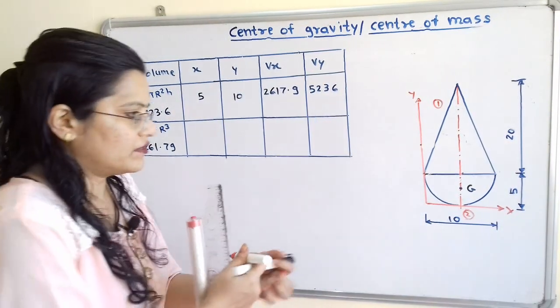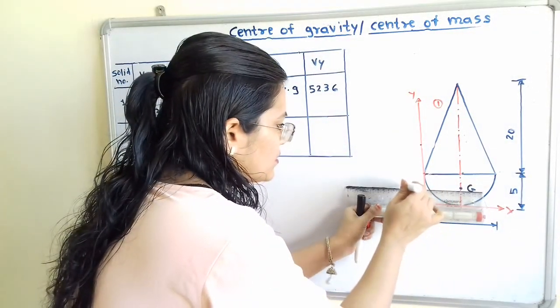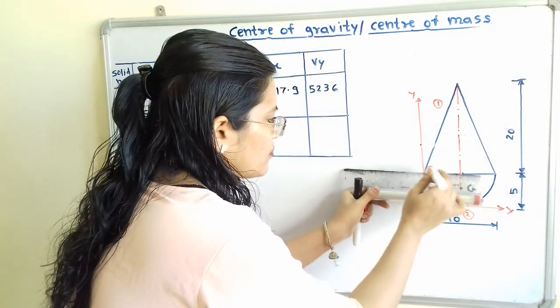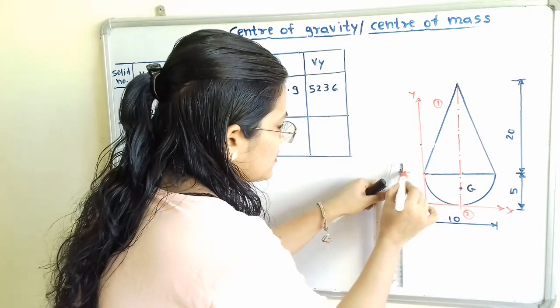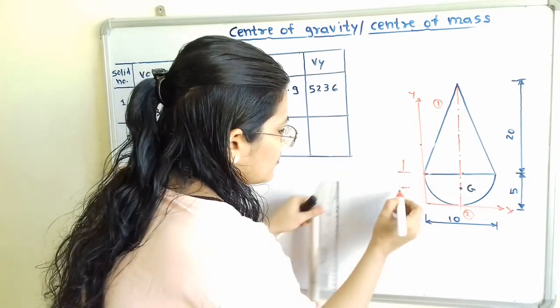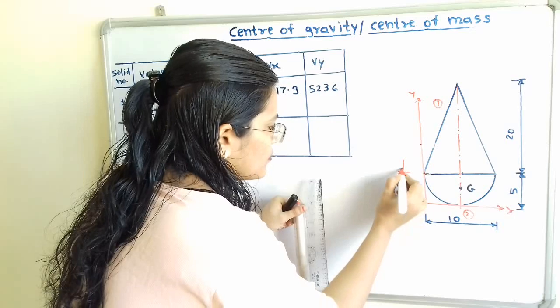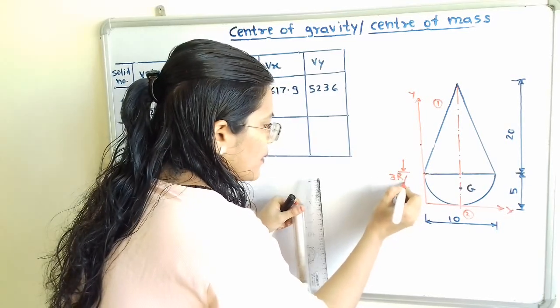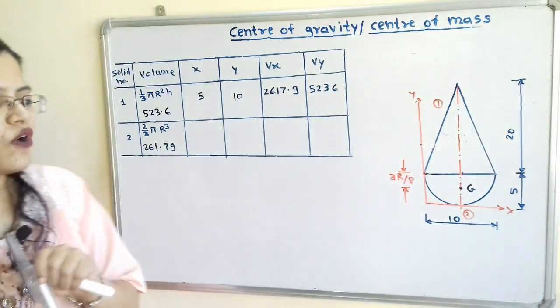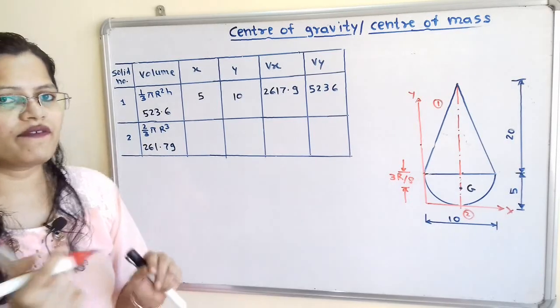We show this distance between point G and the center of the top circle. This distance is equal to 3r by 8.